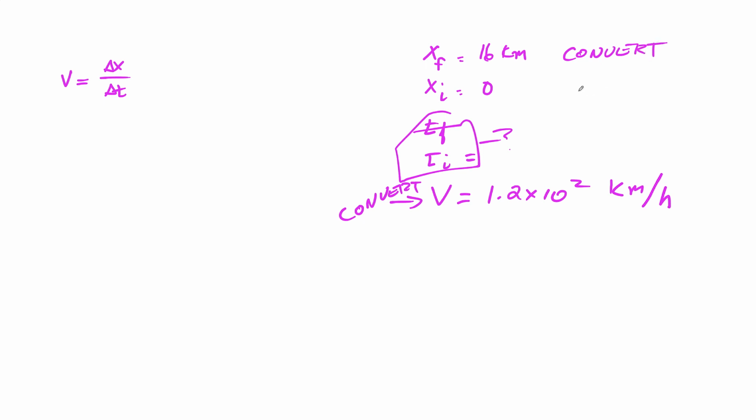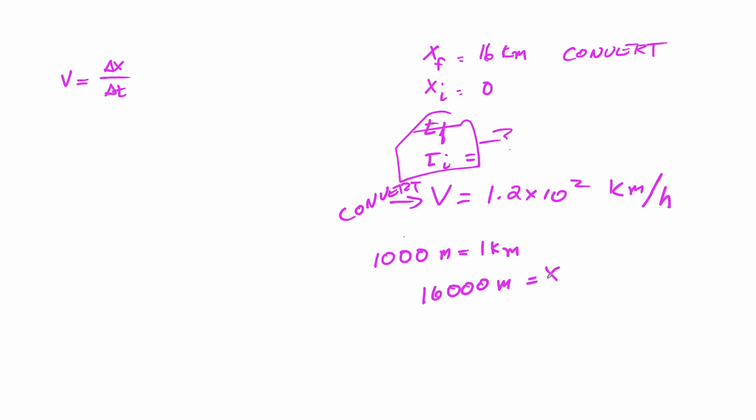Part of this problem set that you're going to have to do is figure out how to do the conversions. This is going to be required. I am not going to tell you the conversion factors. You need to look these up. So 1,000 meters is equal to 1 kilometer. If I have 16 kilometers, I'm going to have 16,000 meters.